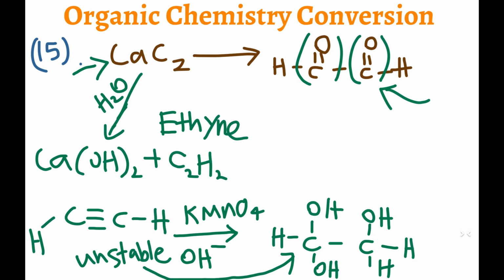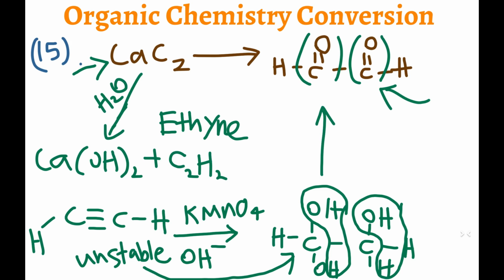So we can remove two H2O molecules like this. After removing two H2O molecules, you can see we will have this organic compound. This is an elimination reaction and the eliminated compound is H2O.